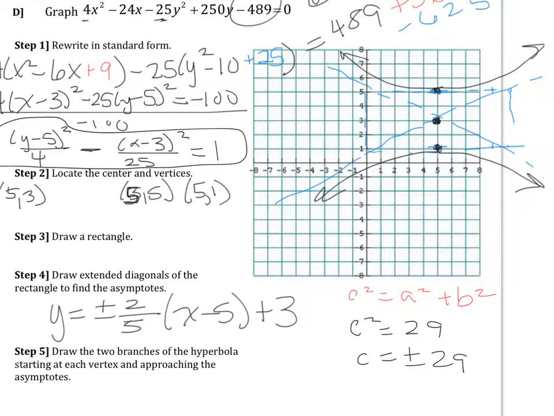So the foci, being that they're along this axis here, their x-coordinate is going to be 5 for both of them, and their y-coordinate is going to be 3 plus root 29 and 3 minus root 29. So 3 plus or minus root 29. And that's it.